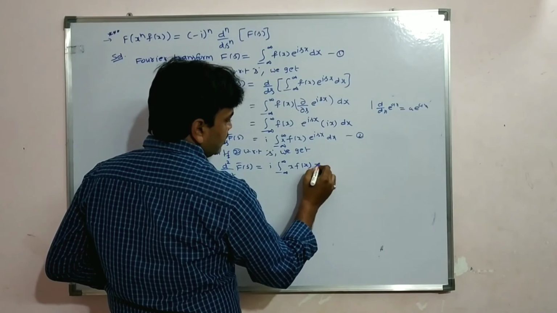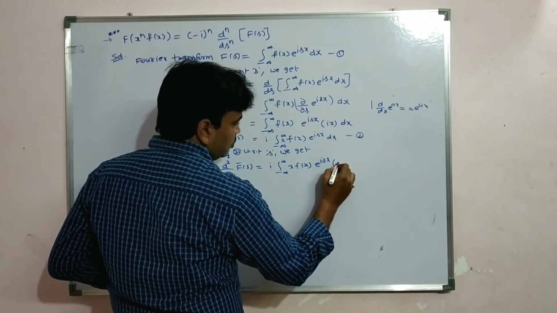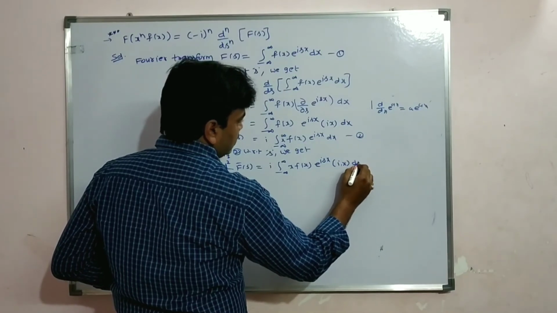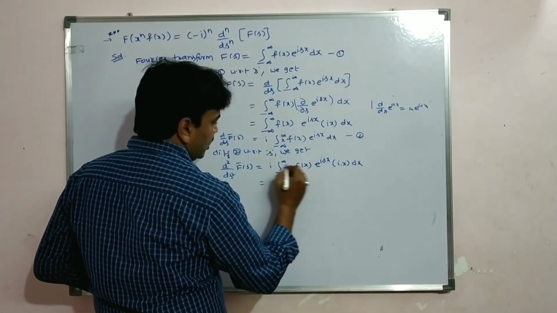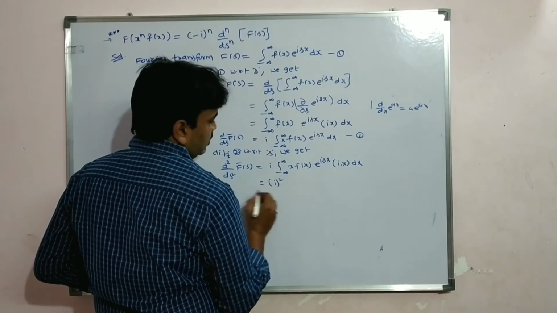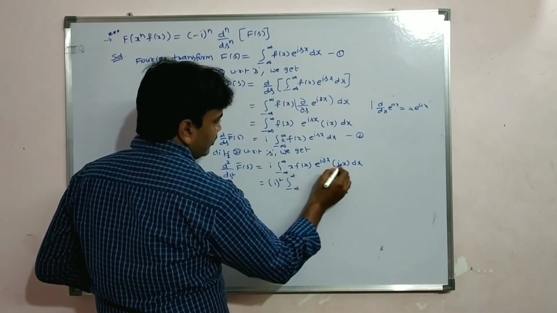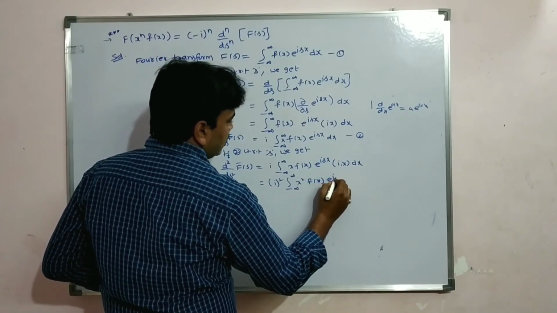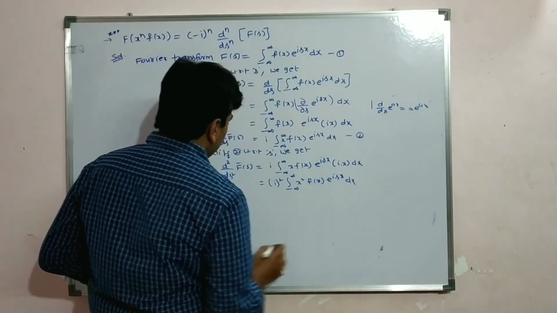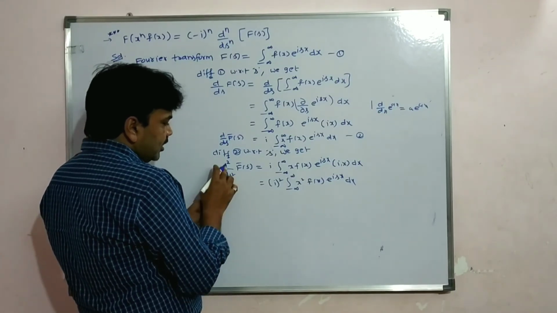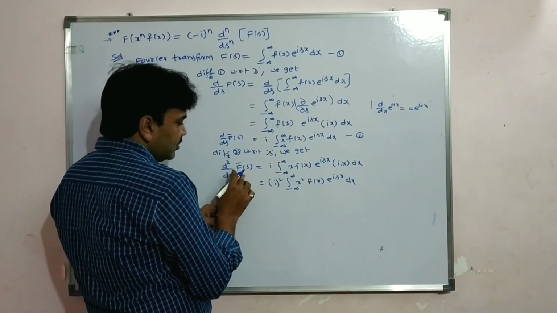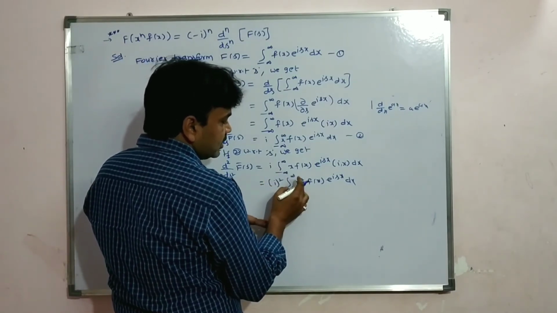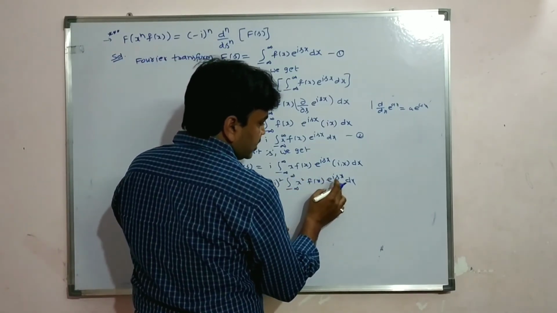Differentiate this one, we get again e power isx into ix dx. So that is equal to i into i, we get i square times the integral of x square f of x e power isx dx. If I again differentiate this one, d cube by ds cube of f bar of s, then we get here i cube times the integral of x cube f of x e power isx dx, students.